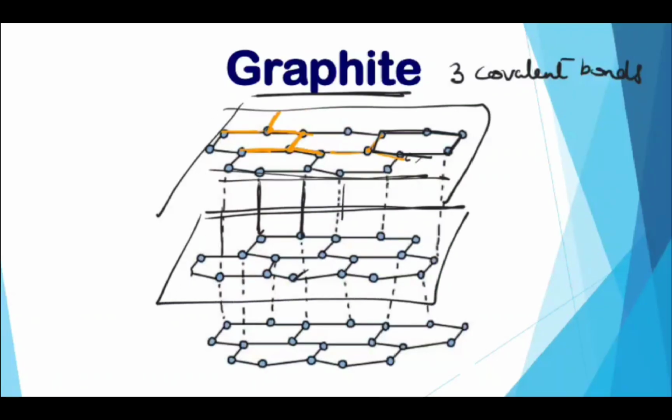Then this part will get scraped off easily. That's the reason why the bonds between the layers are weak, and so the layers slide over each other very easily. This makes the surface very soft and that's the reason why it easily comes off. This is what happens when you make a pencil mark on a paper.